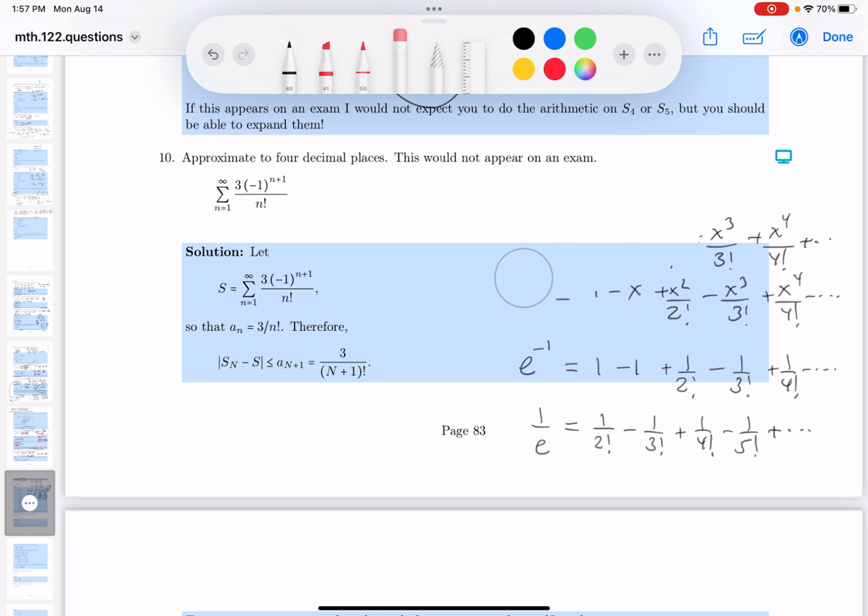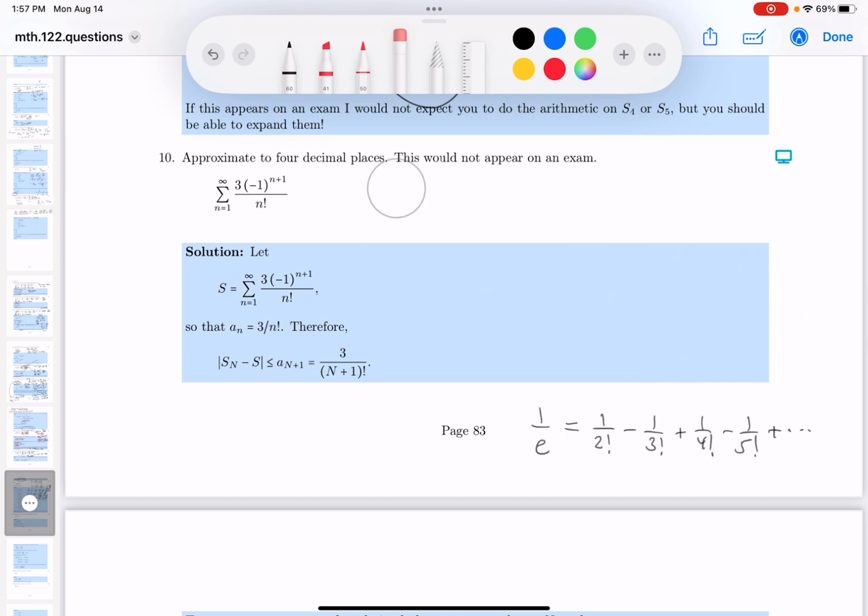Get my eraser out. Erase this old business over here. But I should recognize old business, and I have to go back and review my notes to do that. So what I want to do is write this one down so it looks like that, and I'd factor a 3 out. You get the sum, n equals 1 to infinity, of minus 1 to the n plus 1 over n factorial.